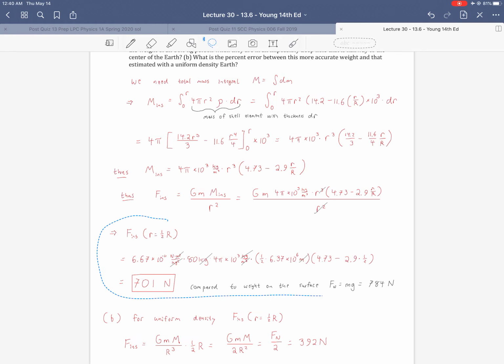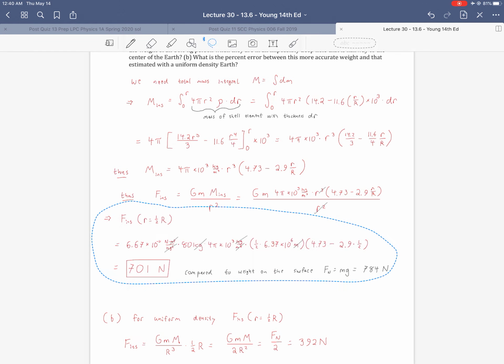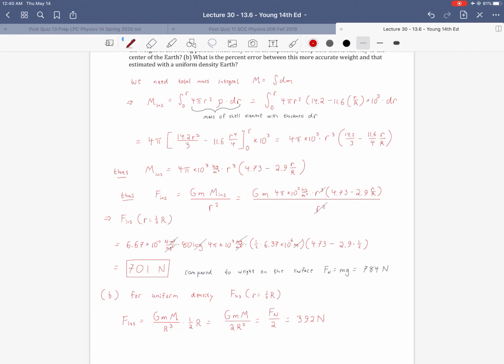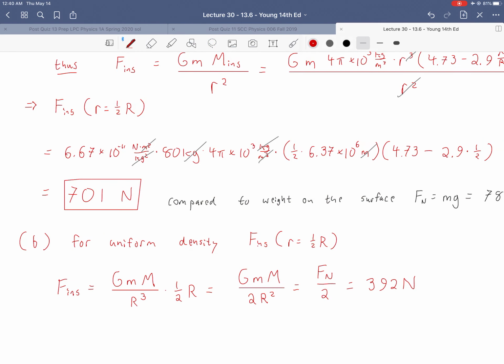So then the percent error, I'm just going to make enough space here, if you'll indulge me, because I think we can definitely fit this in here. So we can just do it on the last line. The percent error is then just going to be the 701, just because I want the absolute value, minus the 392, okay? The units are canceling out, so I won't write it in.